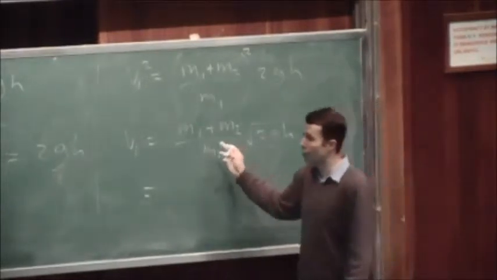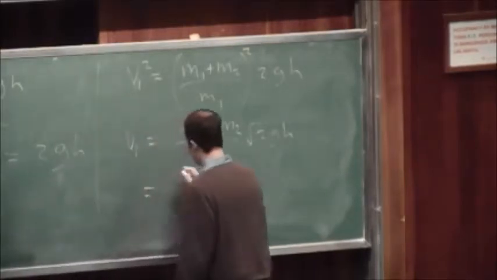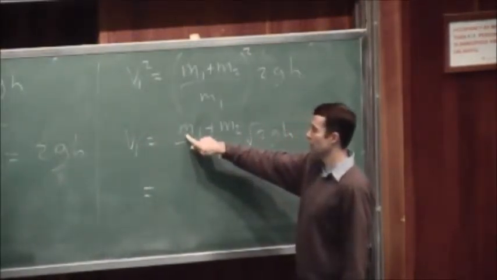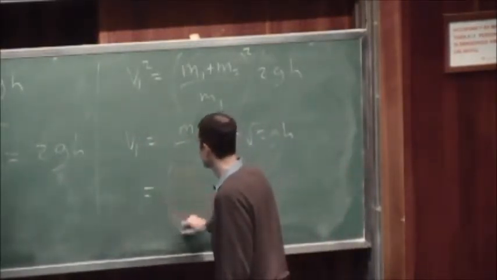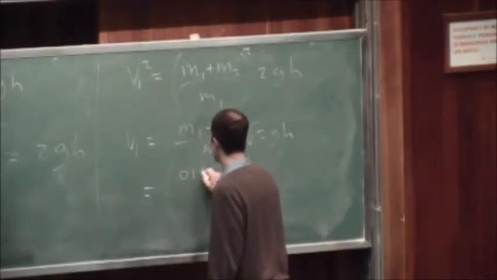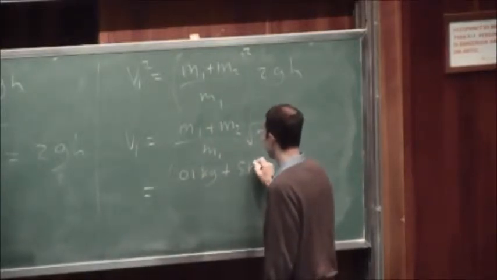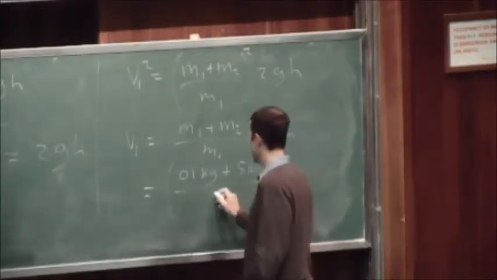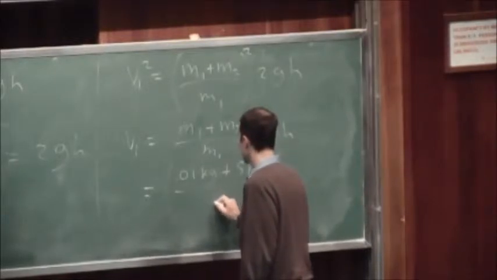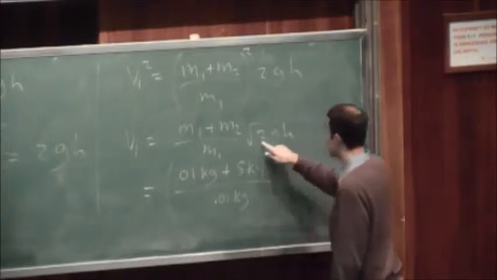Okay, so what we originally said was this is 10 grams, this is 5 kilograms, and a height of 10 centimeters. So let's do that all out. I have mass 1, which I said was 10 grams, which I'm going to write as 0.01 kilograms, plus 5 kilograms, all over 0.01 kilograms, times the square root of 2 times g times h.